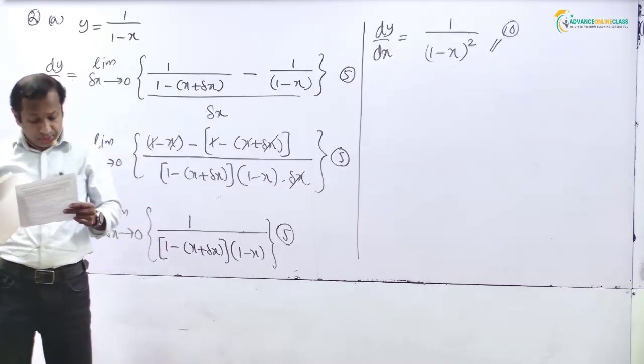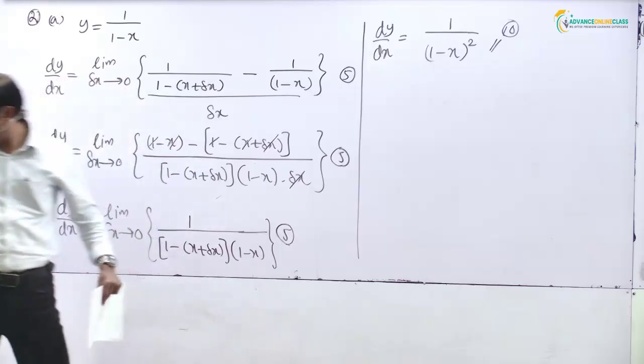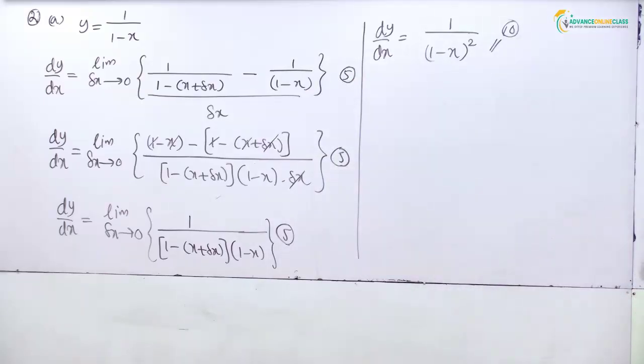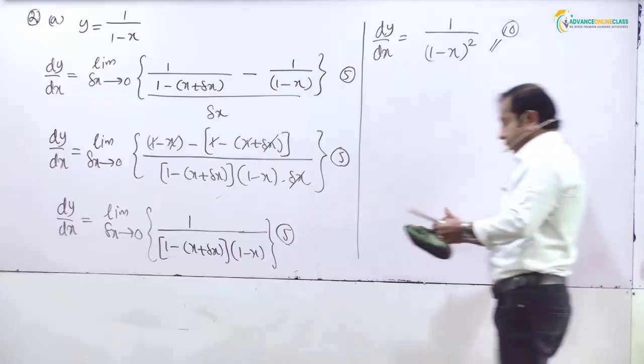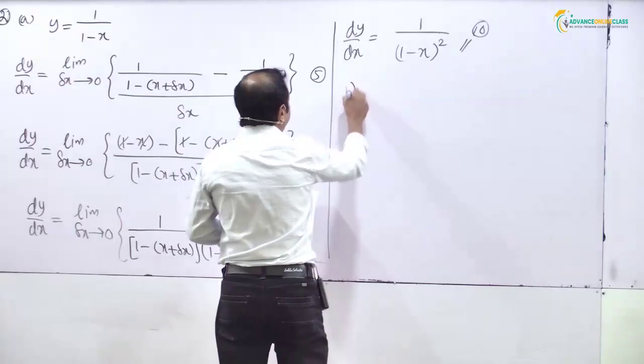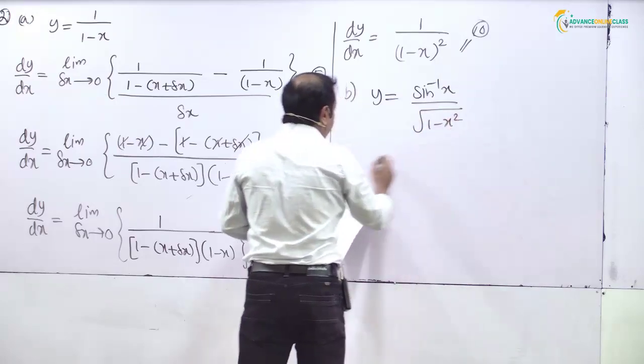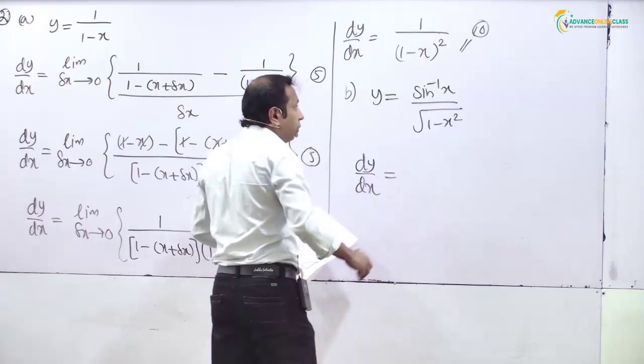Given that y equals sin inverse x divided by square root of 1 minus x squared. So then we'll differentiate this by using the u upon v form.